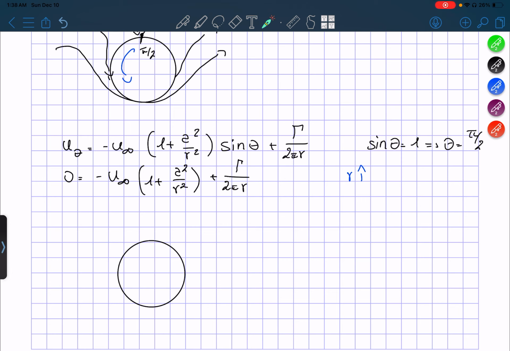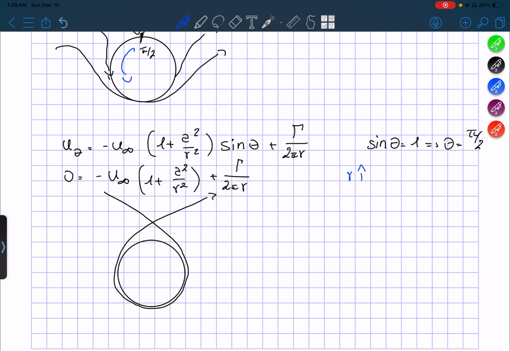Okay, so if it goes past our a value, it means that actually we have something that looks like this. Actually, it was a very bad drawing. I'll do it again. Okay, so where do we actually have a stagnation point? Well, we have it here.